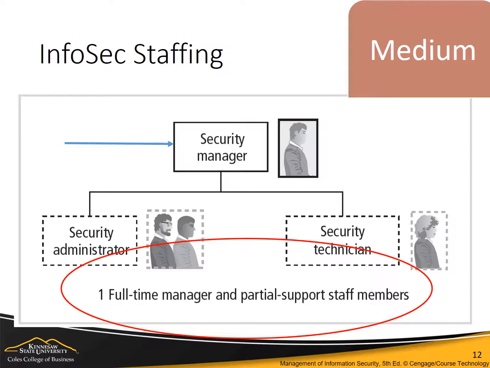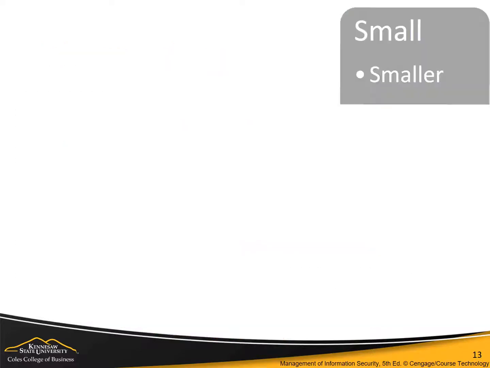That's a tremendous difference from the large and very large organizations, which means that employees and/or units likely have multiple specializations, with breadth of experience and less depth of experience.